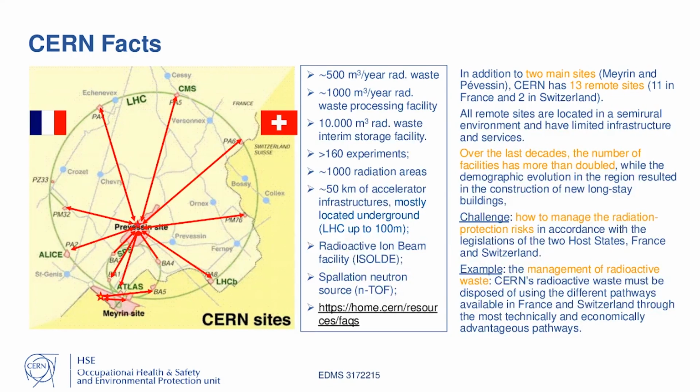If you line up all of them, we have 50 kilometers of accelerators and so on, with some specific facilities. The challenge is how to manage this activity in compliance with the rules. I will not talk about the radiation protection challenges, but specifically the elimination of radioactive waste.